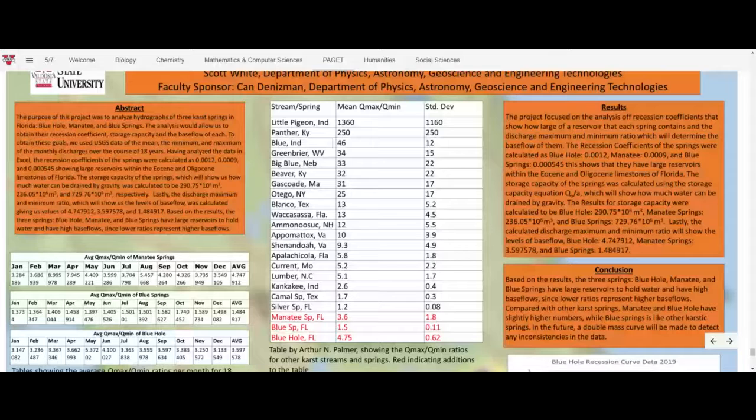We have several graphs on here showing different recession curve data for each of the 3 springs. And then at the end, we compared it with different springs all over the United States. Like in the bottom ones, Silver Springs is 1.2, which is very close to what we had for Blue Springs, Florida.